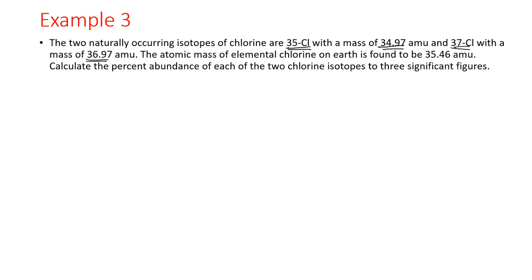So we are given isotopic masses. We are also given the weighted or the average atomic mass, and this mass is here. So the question is, calculate the percent abundance of each of the two chlorine isotopes. Give your answer to three significant figures.